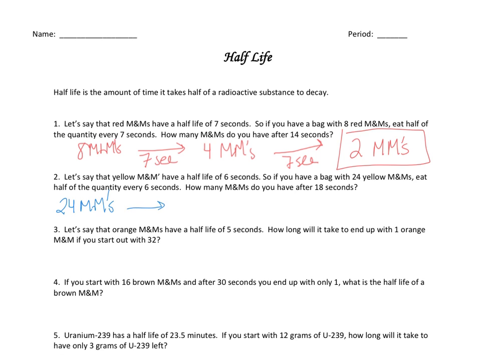After 6 seconds, 1 half-life, you'd be left with half of 24, which is 12 M&Ms. Then you go for another 6 seconds, so that's a total of 12 seconds. Half of 12, so we'd be left with 6 M&Ms. And then you'd go again for another 6 seconds. You'd be left with half of 6, which is 3 M&Ms.